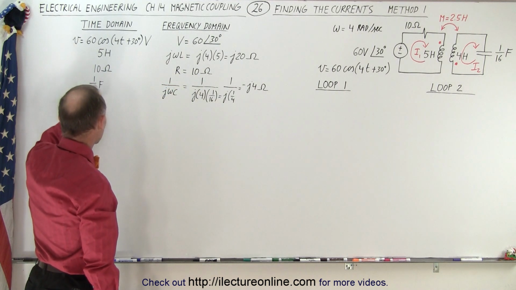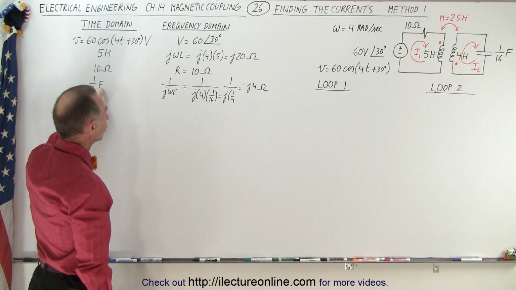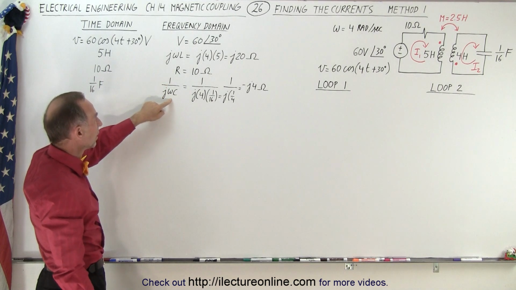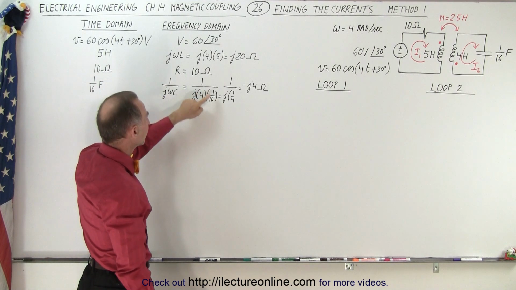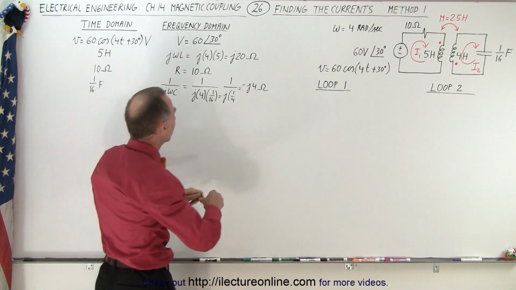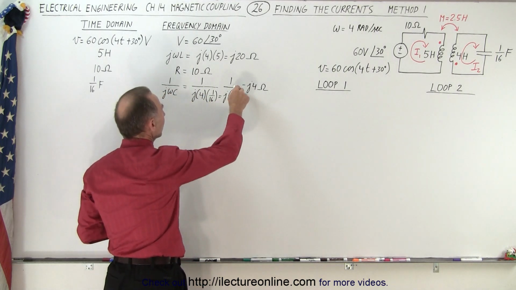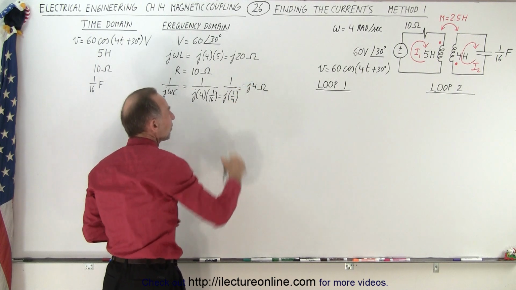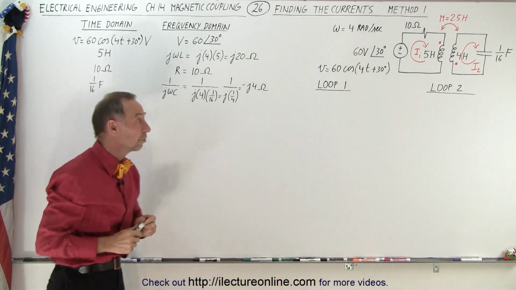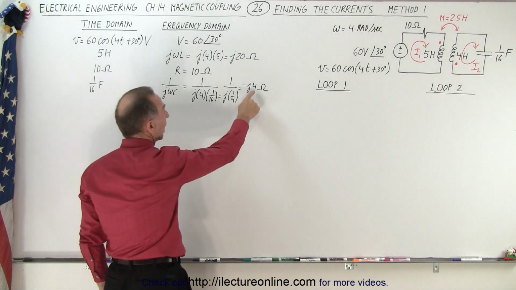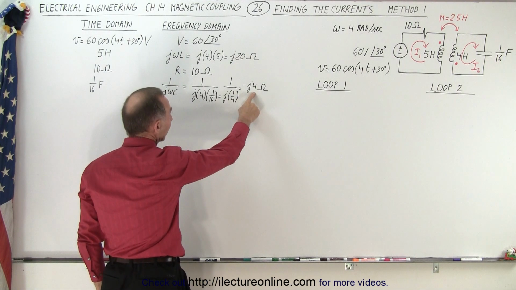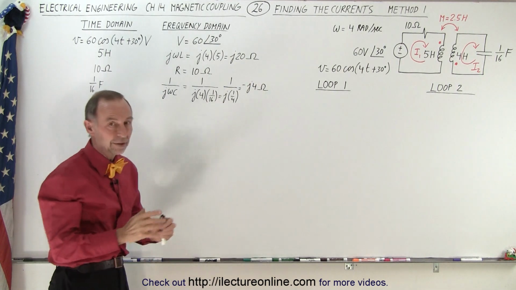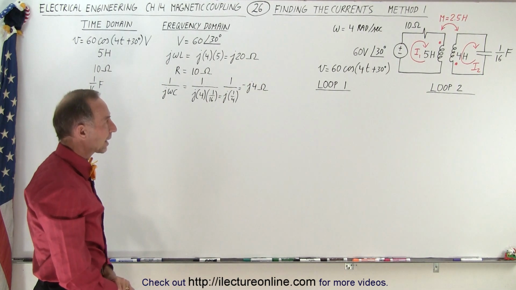For the 1/16 farad capacitor, we write 1 over j omega C. Omega is 4, C is 1/16, so that's 1/4 j in the denominator. (I forgot a parenthesis here.) When we move that to the numerator, it becomes minus j4 ohms. Notice that with a capacitor we have a 90-degree lag on the phase angle, and with an inductor we're 90 degrees ahead, so that's how they're expressed for the reactance.